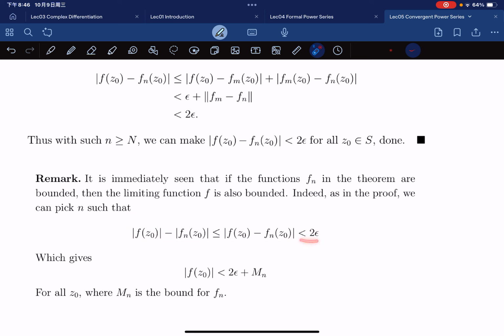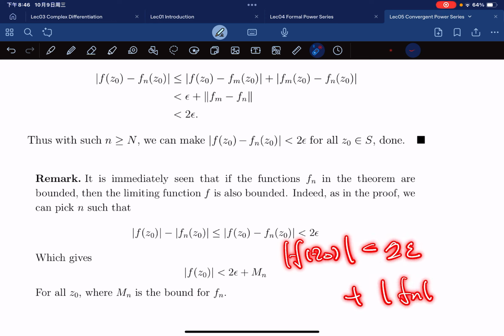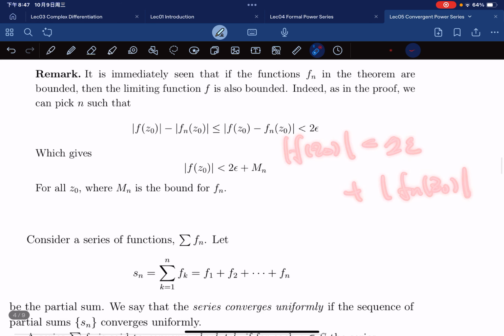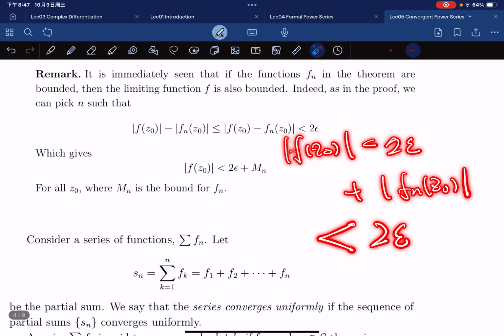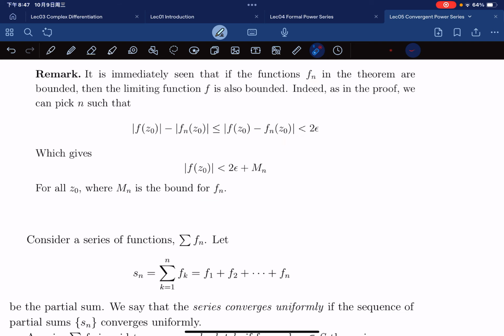So |f(z naught)| is less than 2 epsilon plus |f_n(z naught)|, which is again less than 2 epsilon plus M_n, because we can pick a bound for f_n if each is bounded. So this M_n is the bound for f, for all z naught.